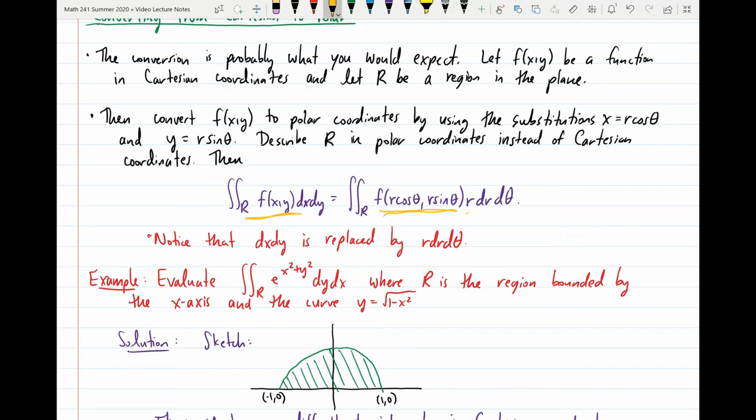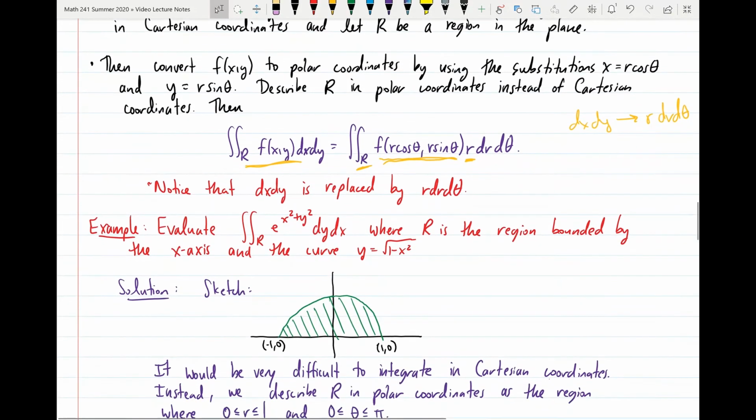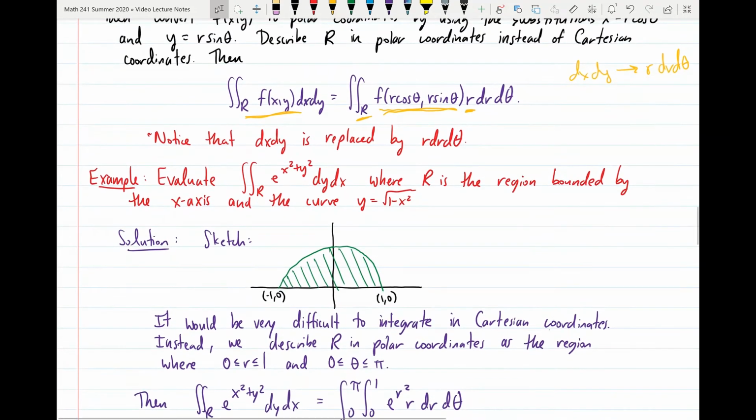We have to remember to multiply this r here because we're going to replace dx dy by r dr d theta. We have to remember that r. And again, we're taking the integral over the region R, but R is going to be defined in terms of polar coordinates as opposed to Cartesian coordinates here. That will give us our limits of integration. Okay, and again, let's move into an example where we use this fact.